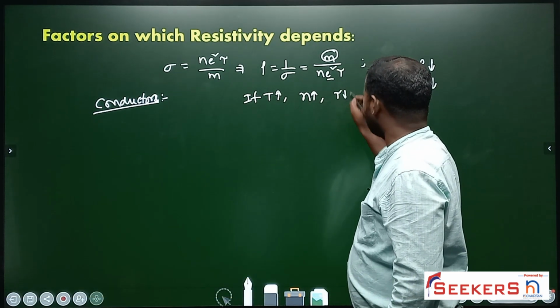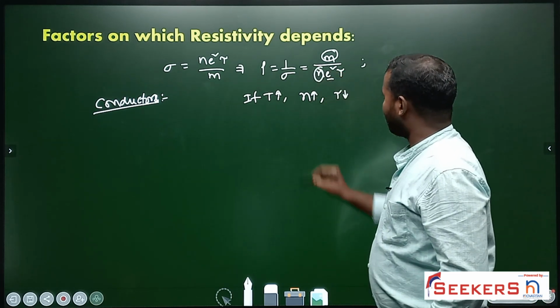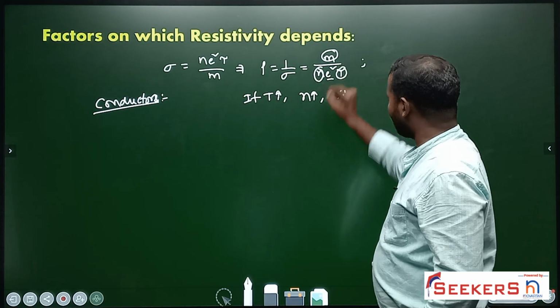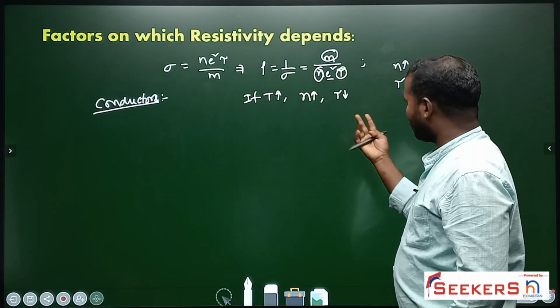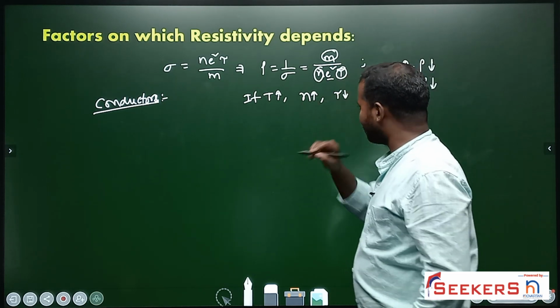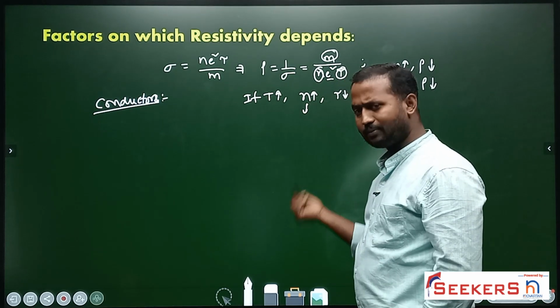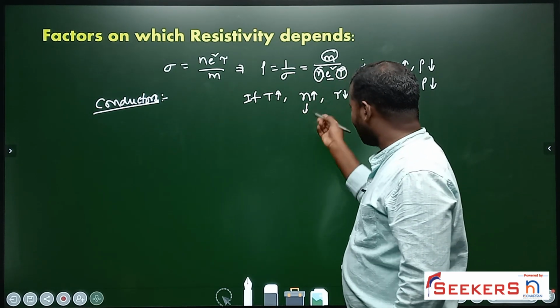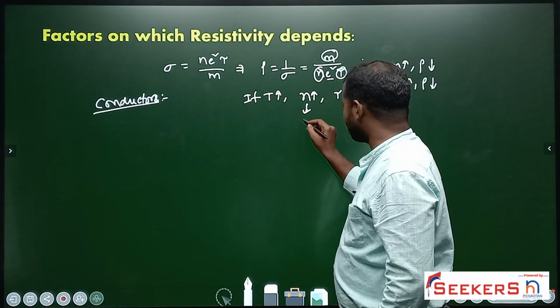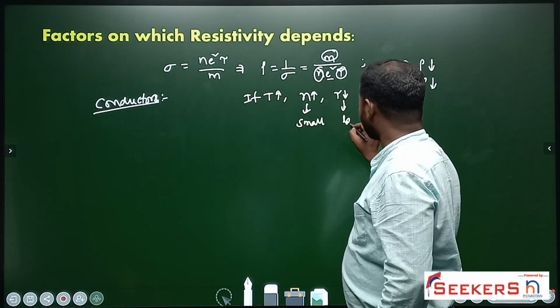Tau will be decreasing. Now you can see that both the number of free electrons per unit volume and tau are in the denominator. If one is increasing, the other is decreasing. So in the case of conductors, even though the number of free electrons is increasing, this change is small compared to the change in tau.